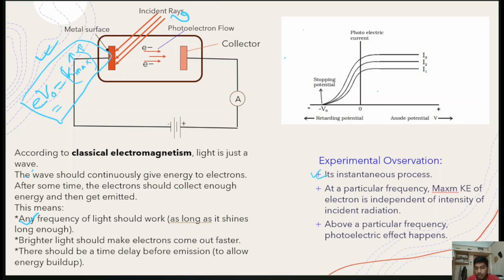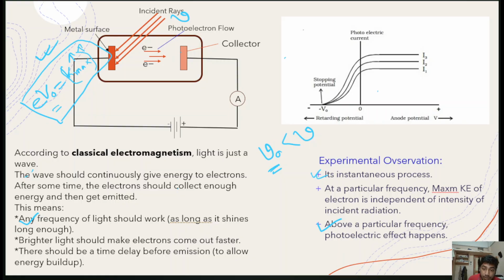experimental observation, it's shown that above a particular frequency, photoelectric effect happens. There is a certain frequency below which the photoelectric effect does not happen. Above that frequency, it will happen. There is a frequency nu naught, below which, if the frequency of the incident rays is less than this frequency, it does not happen; that frequency is called threshold frequency or cutoff frequency.